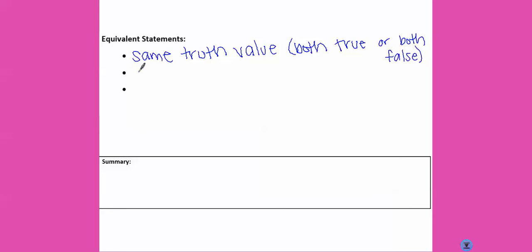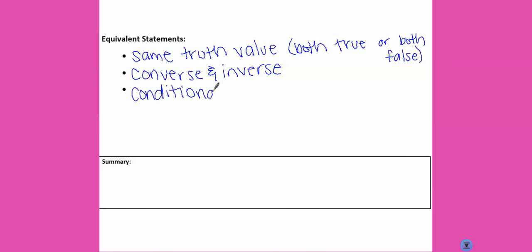So the pairs of equivalent statements would be the converse and inverse, as well as the conditional and the contrapositive. So if the converse statement is true, the inverse statement is true. If the conditional is false, the contrapositive would be false.